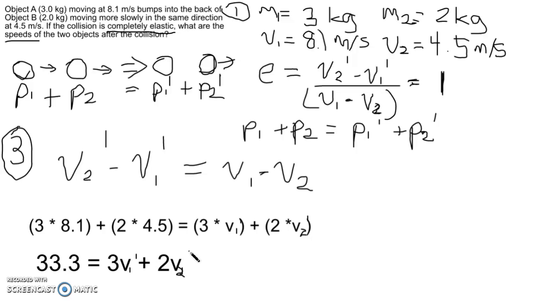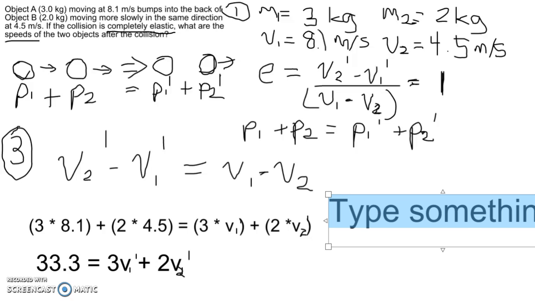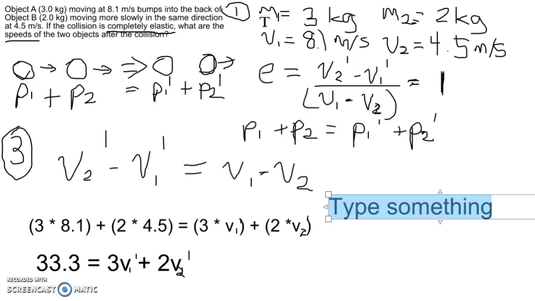However, then we use our second formula, the wonderful formula for the coefficient of restitution. And that's where things start to work out. So we'd have V minus V equals, we have the initial velocities here.